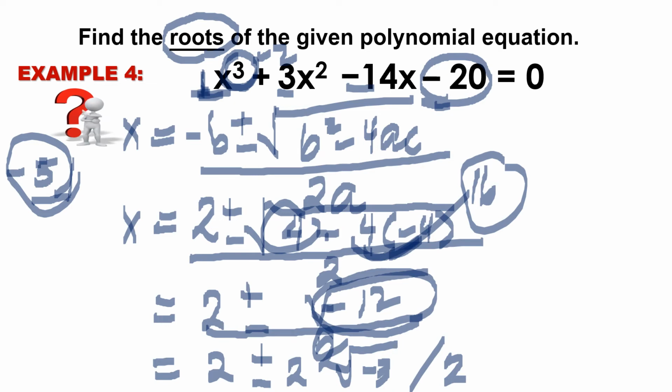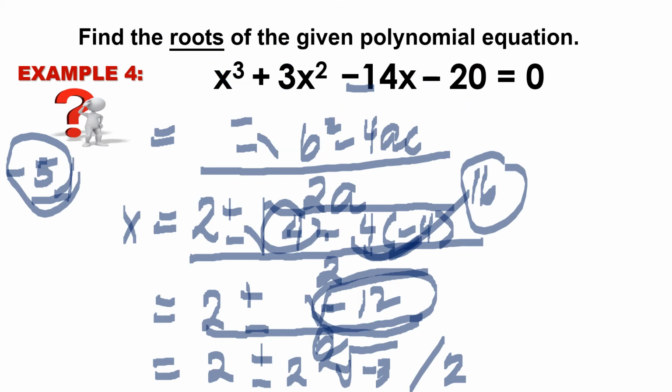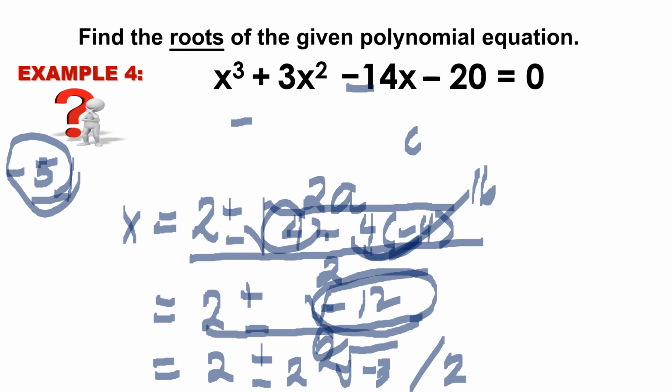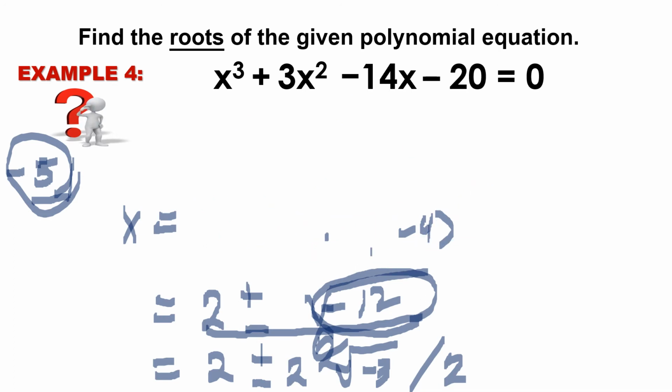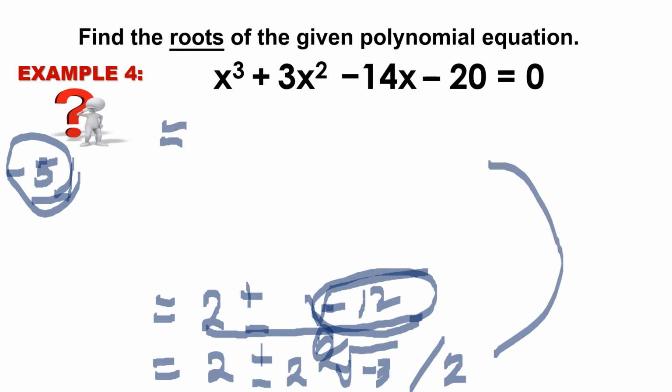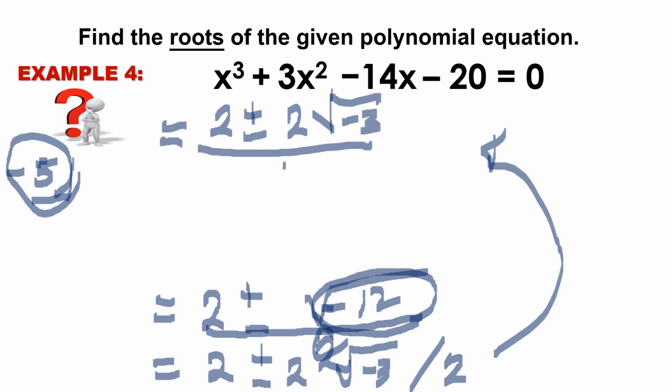Now, let me rewrite it. Let me clear all here in the upper part. Anyway, you know already this formula. Don't forget this. This will help you a lot. So just to continue, let me rewrite from here. So this will be 2 plus or minus 2 square root of negative 3 all over 2.